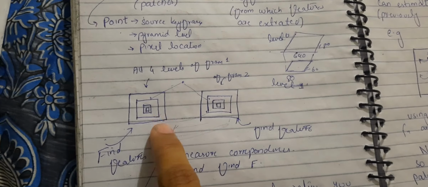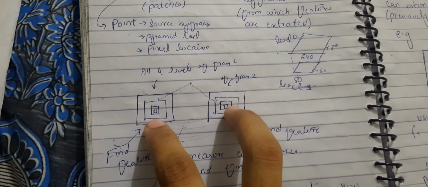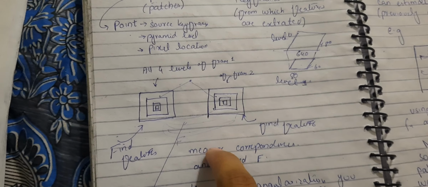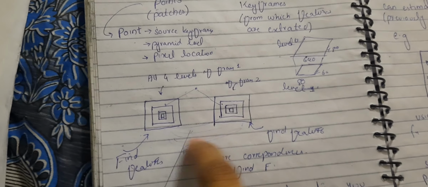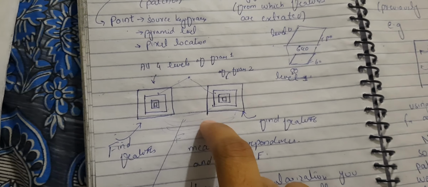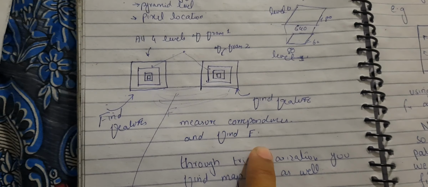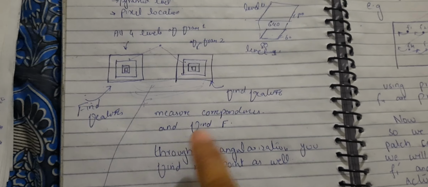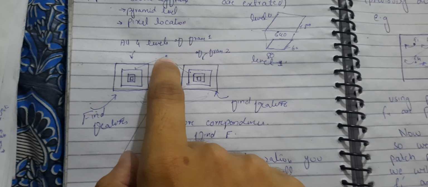Now, what it will do is simply extract features from here and here, and then measure similar features, and using the correspondences between similar features it will find the F matrix, which is the fundamental matrix. This is a prerequisite; you should know what a fundamental matrix is. And obviously through triangulation it will also initialize the map.